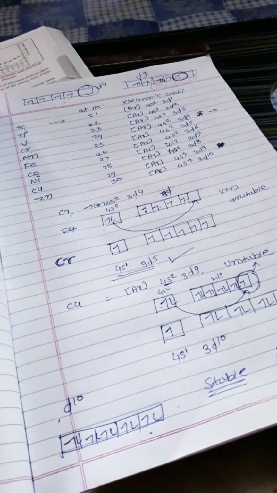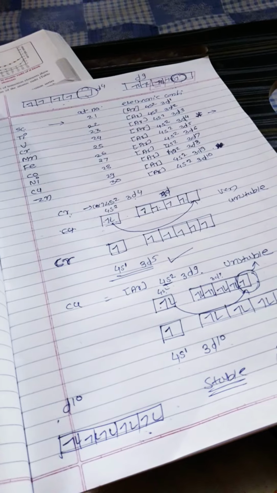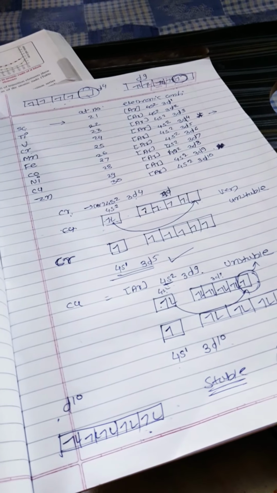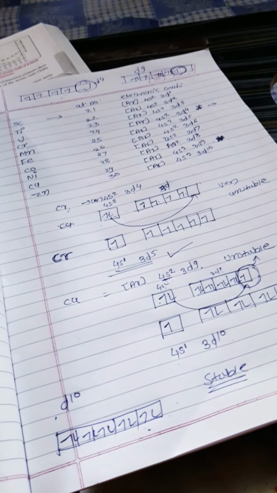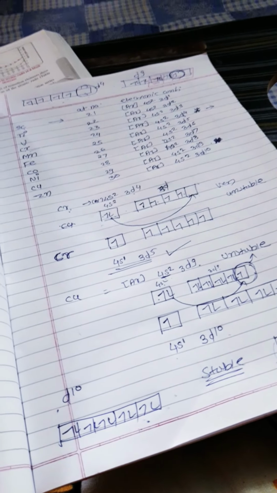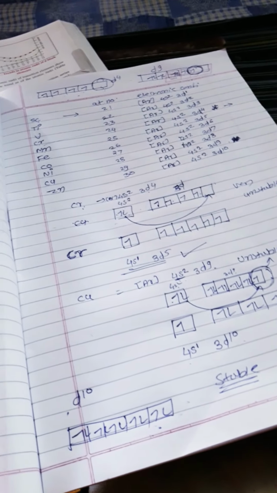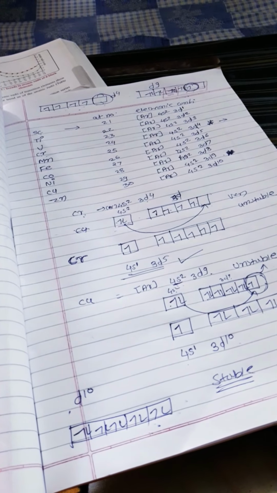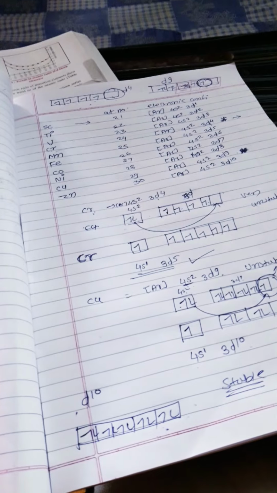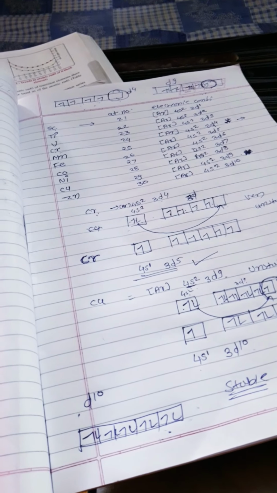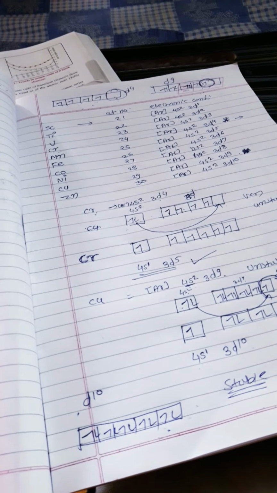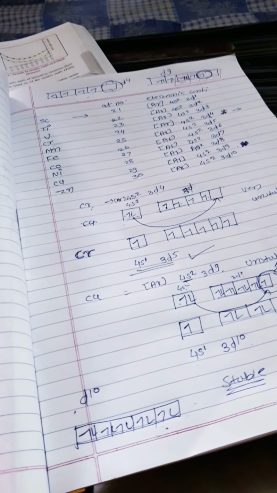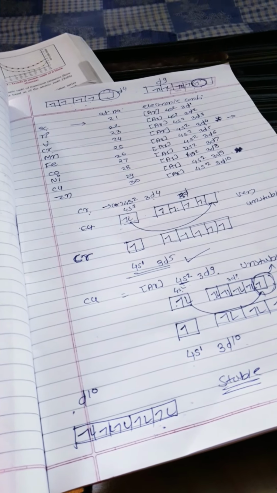So this is a very important point, a very important question: why do copper and chromium show anomalous behavior? The meaning of anomalous is abnormal behavior. All elements present in the periodic table follow the above principle. For the principle, refer to your 11th standard book.